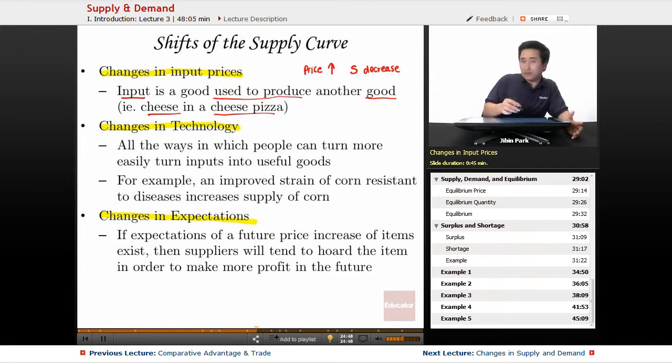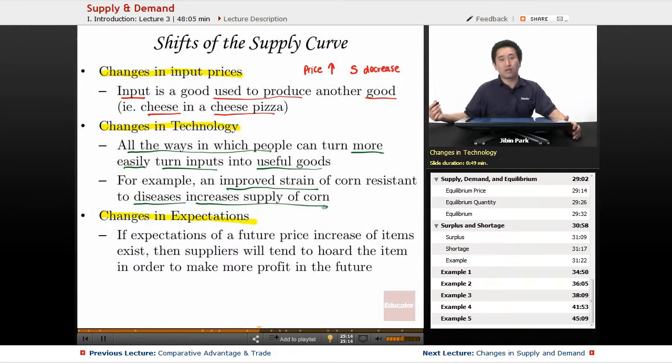Okay. Now, change of technology generally works one way, but it theoretically could work the other way. There could be a decrease in technology. But for example, all the ways in which people can more easily turn inputs into useful goods, that's going to be a change in technology. For example, an improved strain of corn resistant to diseases will increase the supply of corn.